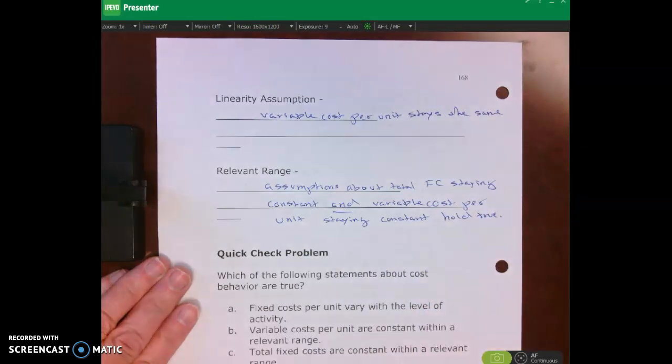So remember, those are our assumptions that we've been talking about, that total fixed costs stay the same and that variable costs per unit also stay the same.